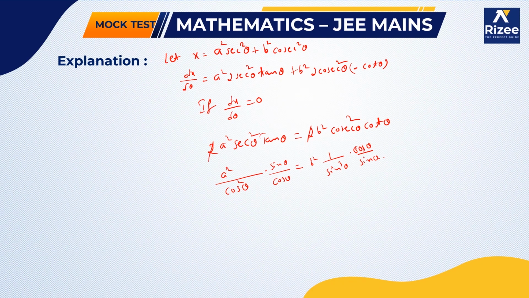Multiplying here, a square by b square is equal to cos cube theta by sin cube theta, which implies b square by a square is equal to sin power 4 theta by cos power 4 theta, so b by a can be written as tan square theta.